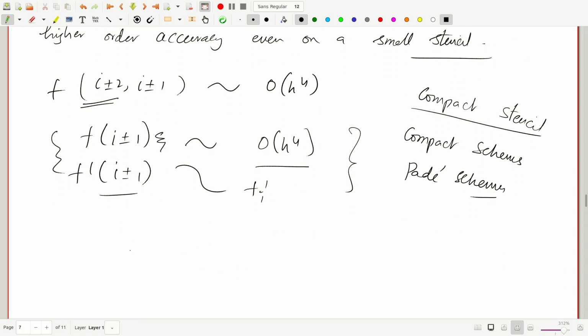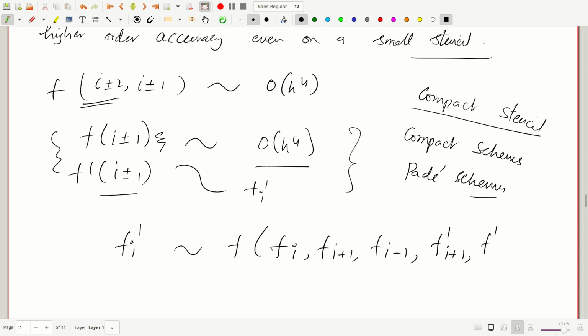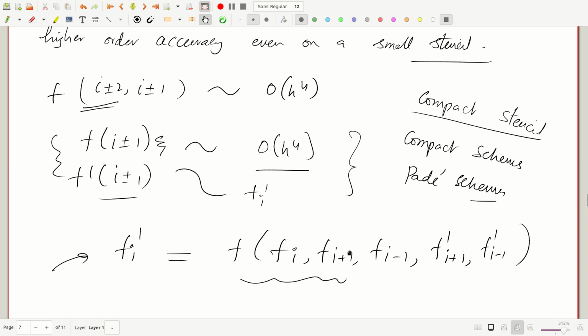Essentially, the calculation of the derivative at a particular point not only depends on the function values at f i plus 1, f i minus 1, it also depends on the derivative values at the neighboring points, that is f i plus 1 prime and f i minus 1 prime. So that means we basically have a connection or a link, to calculate f i prime also goes all the way to f i plus 1 and f i minus 1.